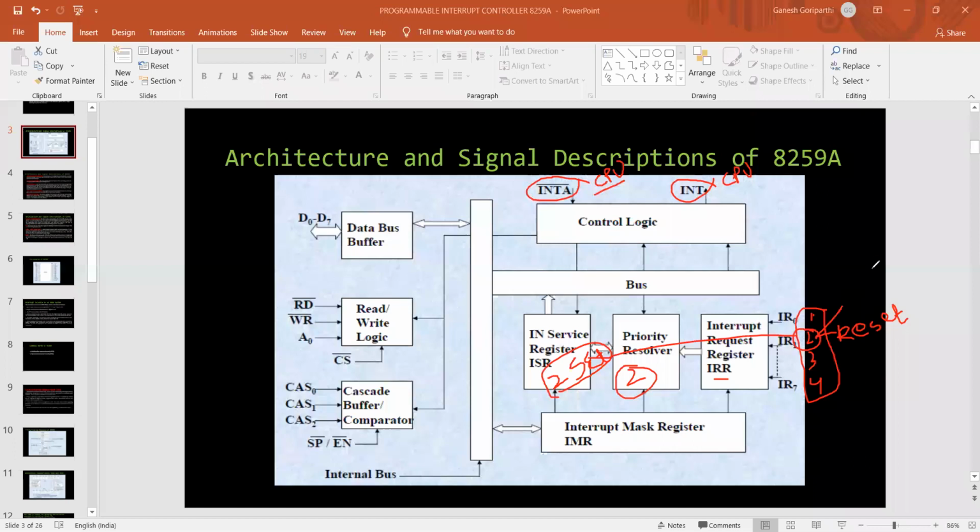The second bit was selected as the highest priority and is being served by the CPU. That means this request is being processed. This is reset, and this bit is ready to accept the next interrupt signal. Hope the point is clear.